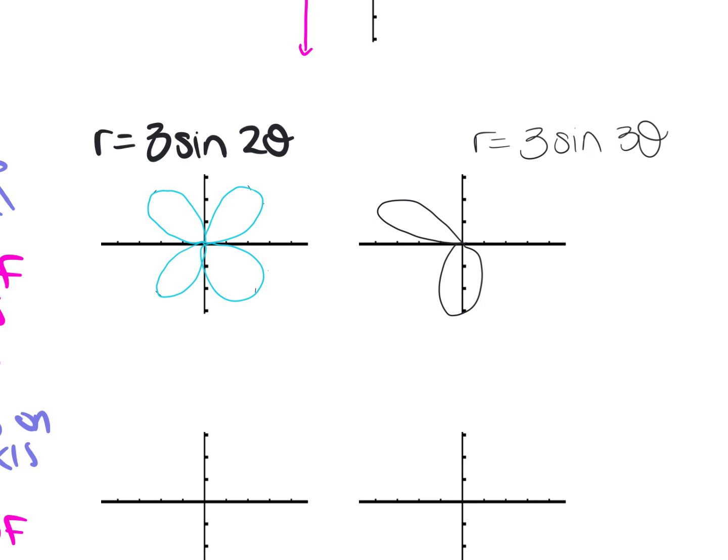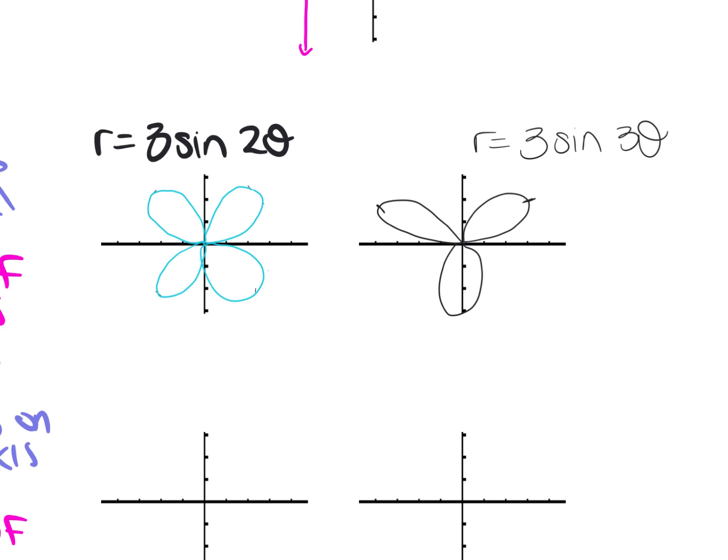Here is how I know. Okay, you want to know how I know on this one? I know that they're going to hit their furthest point out when the sine is equal to 1, yes? Because the biggest that sine can ever be is 1. So the end of these petals is going to happen where sine is 1, right? So think about it.